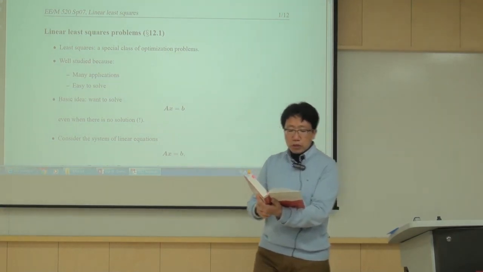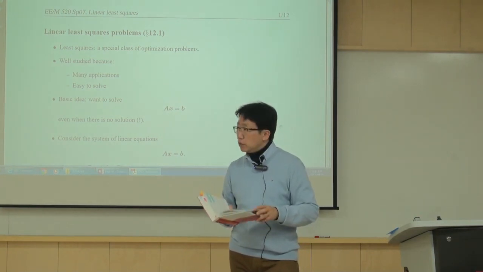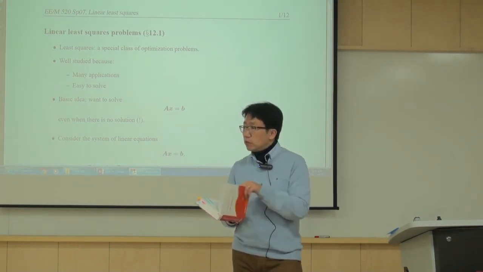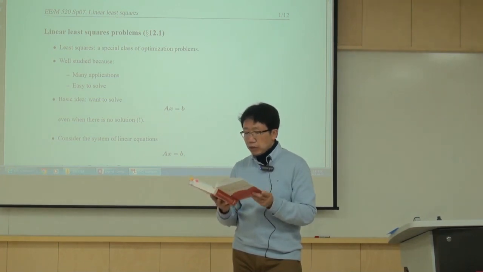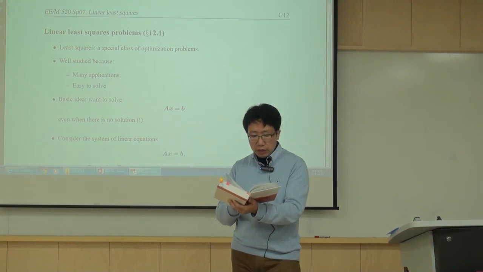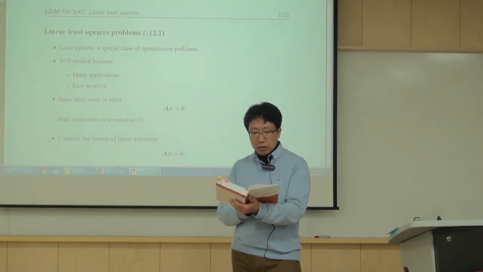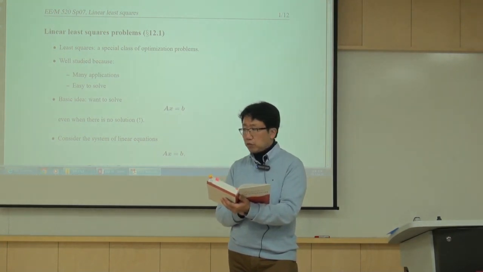We have almost finished the second part of the textbook. The first part was the preliminaries, or review of the preliminary materials, part 2 was the unconstrained optimization, part 3 is linear programming, and part 4 is nonlinear constrained optimization.